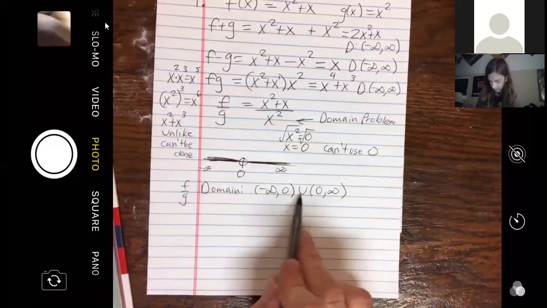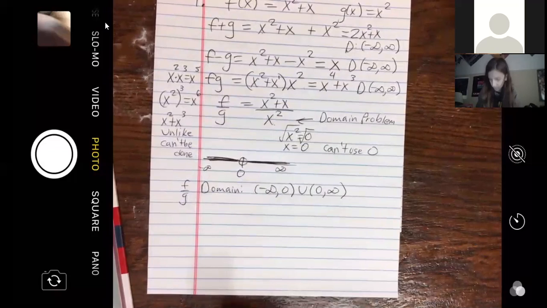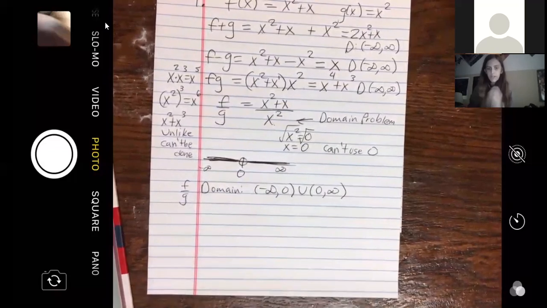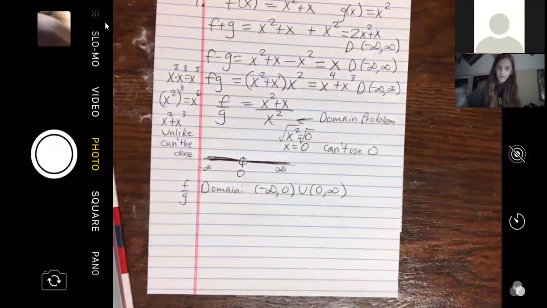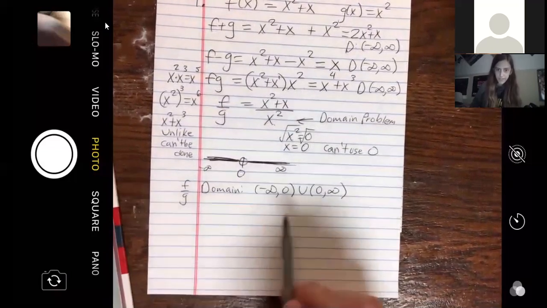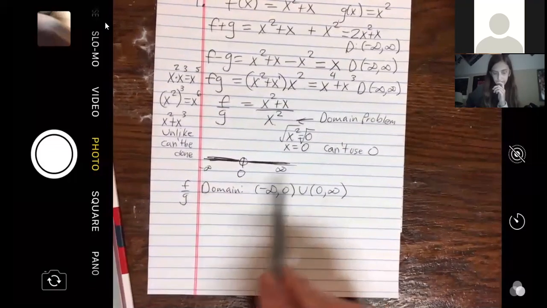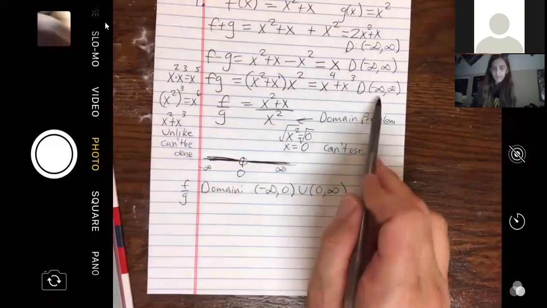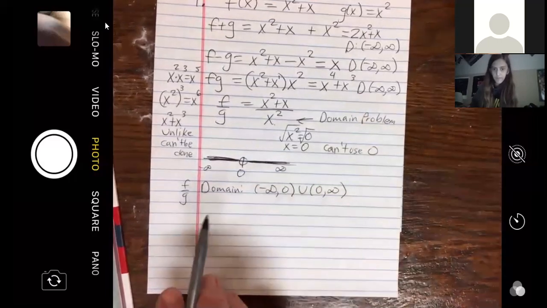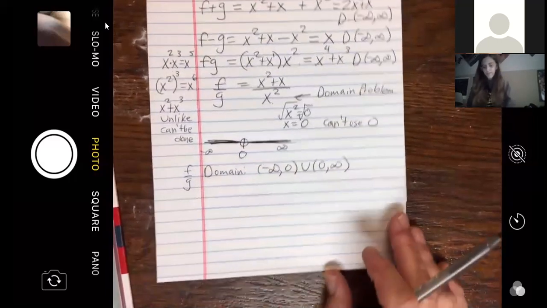I'm using parentheses here because I can't use 0. The brackets would be if it was on that number. If I could use 0, I'd have brackets, but then it'd be back to negative infinity to infinity. Okay, that makes sense.